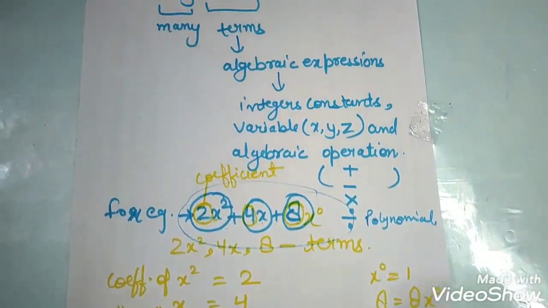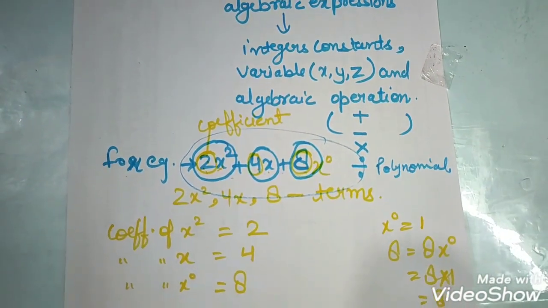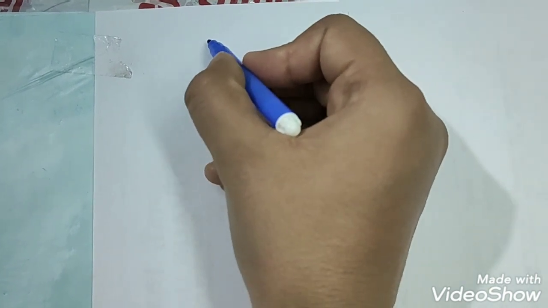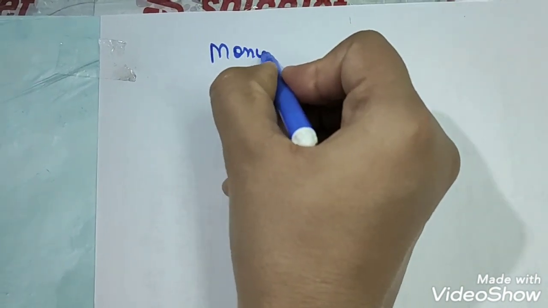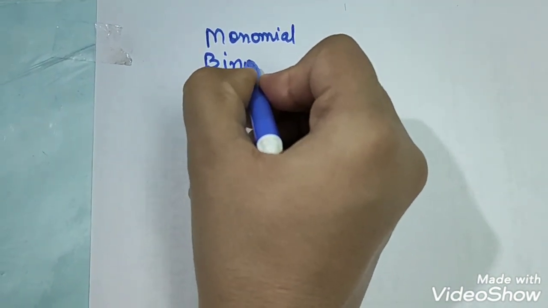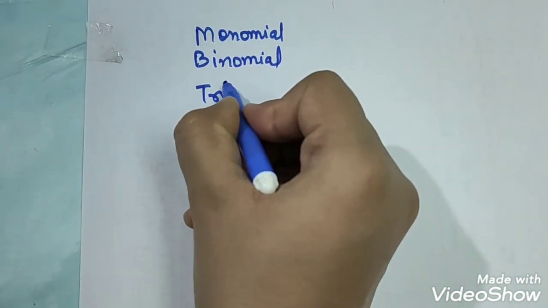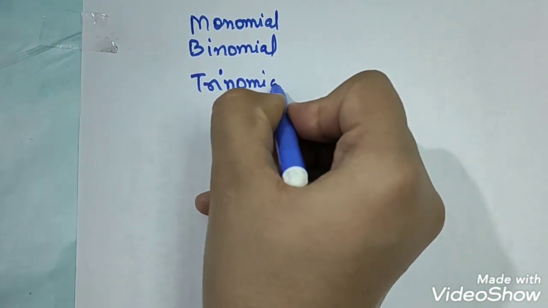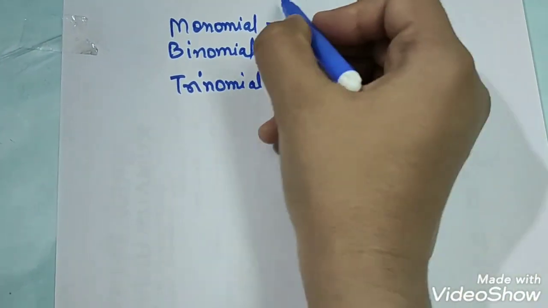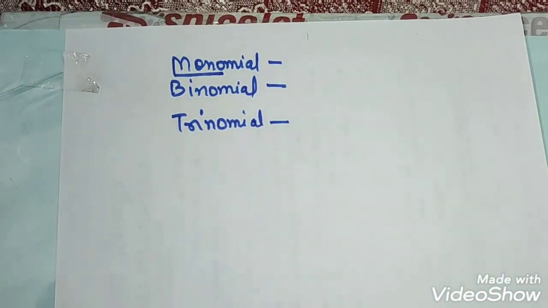So now we will learn about a few terms which we are going to use. I'm writing three terms: monomial, binomial, and third, trinomial.